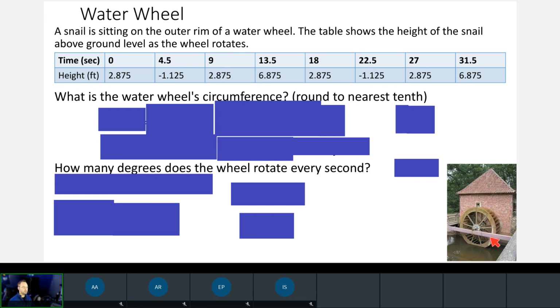All right, and this, I put a picture of a water wheel because a lot of you may not know what a water wheel is, because we don't actually have a whole lot of water here in Arizona to have water wheels, right? So yeah, that is a water wheel, and they can come in many sizes. There's huge ones and there's small ones.